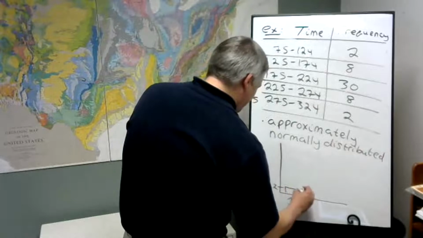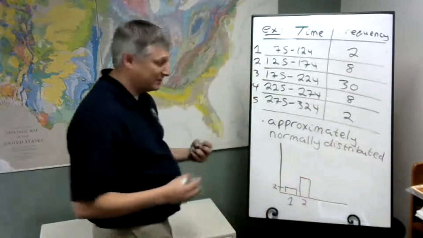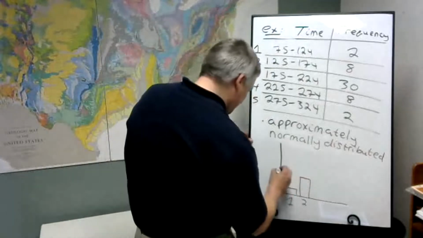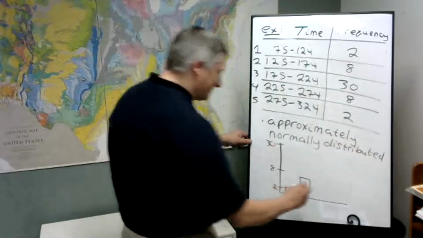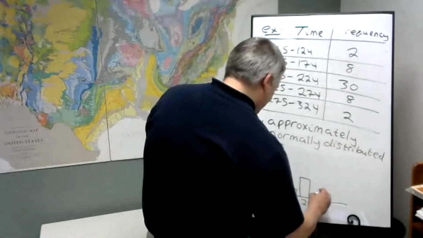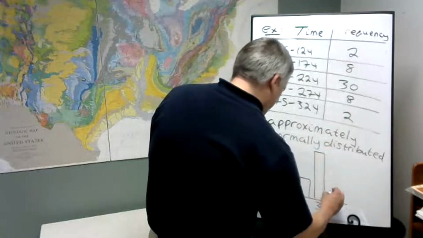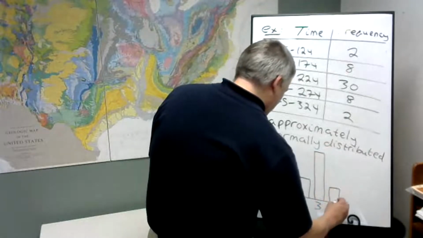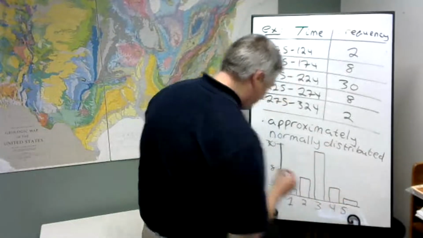That second class got up to 8. These are not drawn to scale because of space reasons. Our third class has a frequency of 30. Then our fourth was 8 again, then our fifth class was 2.